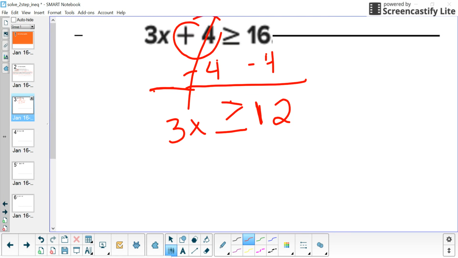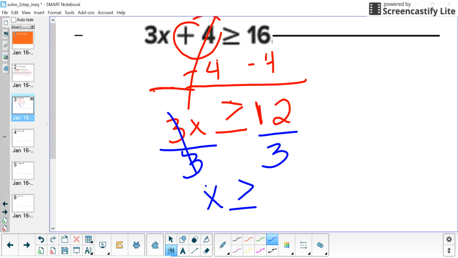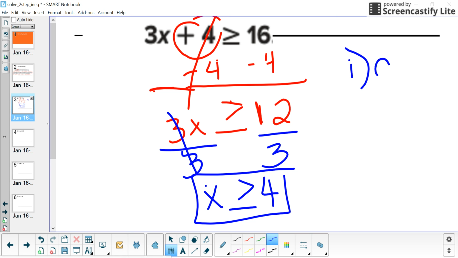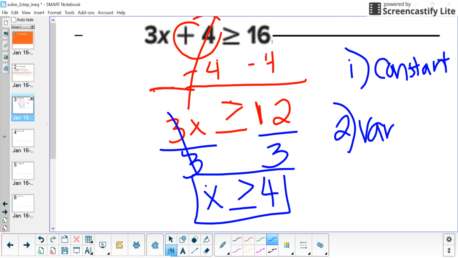So here we want to do the opposite, which is divide both sides by 3. And then we have x is greater than or equal to 4. So again, first, look at your constant, and then do the opposite. And then you want to look at your variable, and then do the opposite operation.